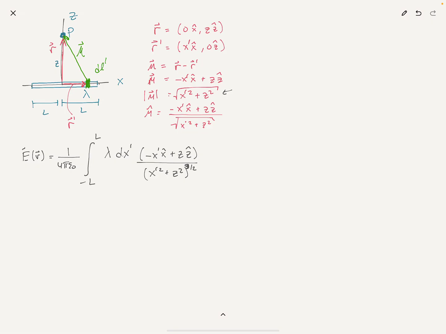Okay, so I'm going to break this up into two integrals and then make an argument that I'm not going to do one of them. My lambda is constant. That's lambda over 4 pi epsilon naught.